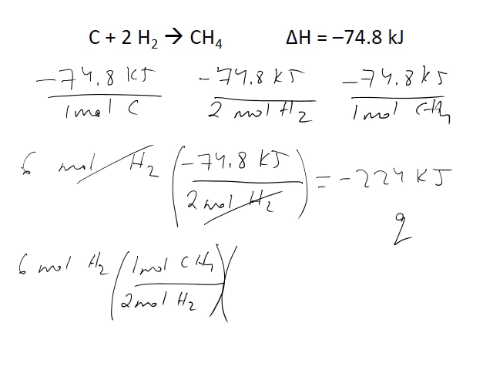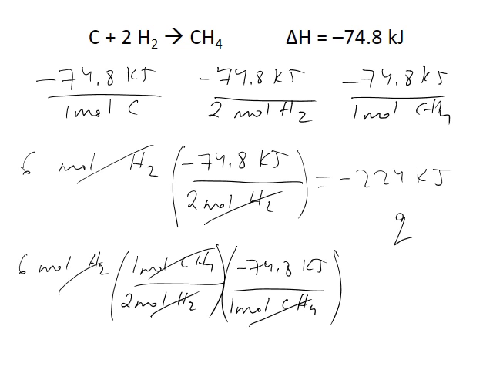And so I can use the third molar ratio as well, saying negative 74.8 kilojoules per 1 mole of methane. Since all of my units cancel, you'll notice I actually get the same exact answer for this reaction. And so you can use any of the molar ratios that you get from the equation to solve for the heat produced by a reaction.